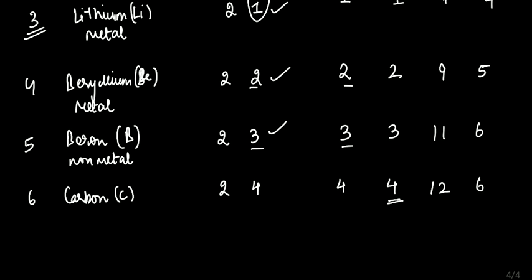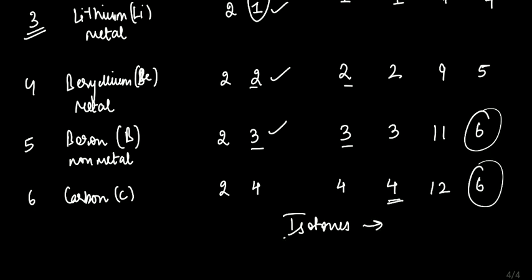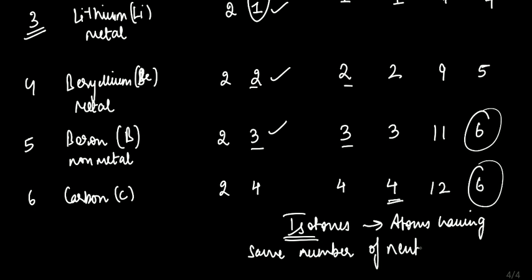Now we are going to introduce one concept over here, the concept of isotones. If you see, we have the same number over here, 6 neutrons. So iso in chemistry stands for same. So isotones are atoms having the same number of neutrons.